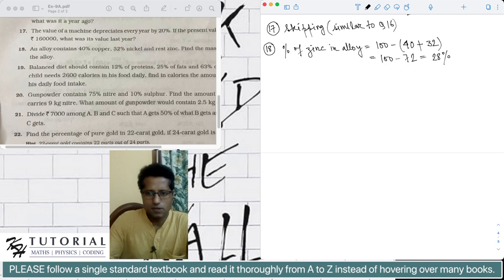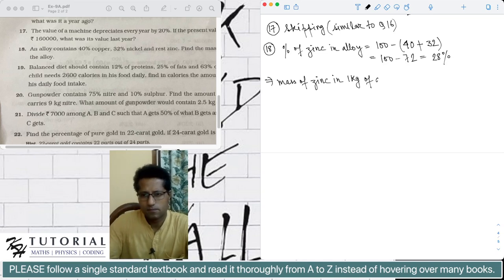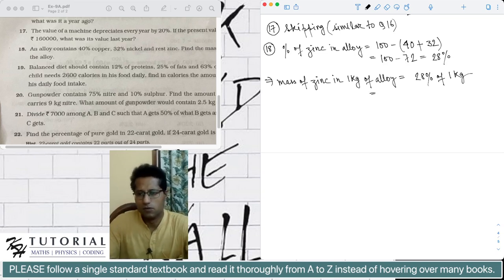So the mass of zinc in 1 kg of alloy will be equal to 28% of 1 kg. So this is equal to 28 by 100 of 1 kg. Let's convert 1 kg into gram.